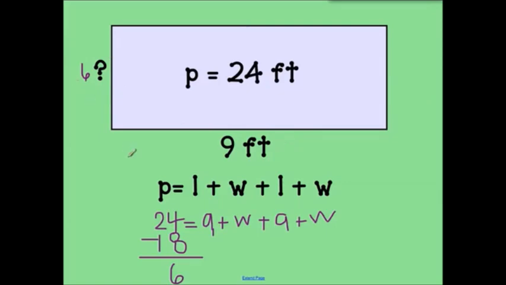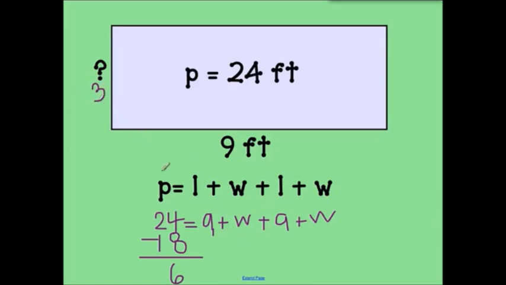This is the step that most students forget. 6 is the total of both widths already added together. So what I have to do to find my width is actually divide this number by 2. And if I divide 6 by 2, I end up with 3. So my width is actually 3.